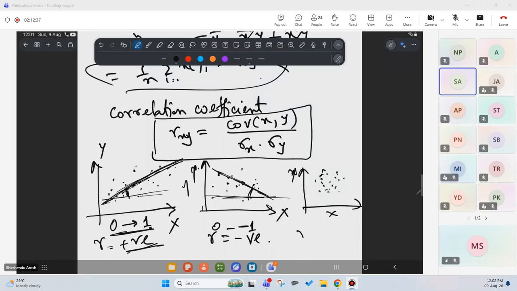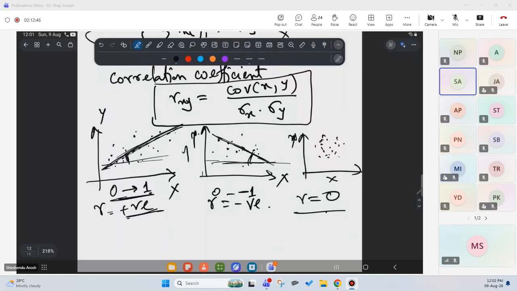Then that particular set of data is called uncorrelated data, where typically r is equal to 0. Of course, in this equation, you can see that sigma x, sigma y cannot be 0, otherwise it will be infinity. So typically, if r is equal to 0, that means the covariance of xy is generally 0. This is called uncorrelated data.